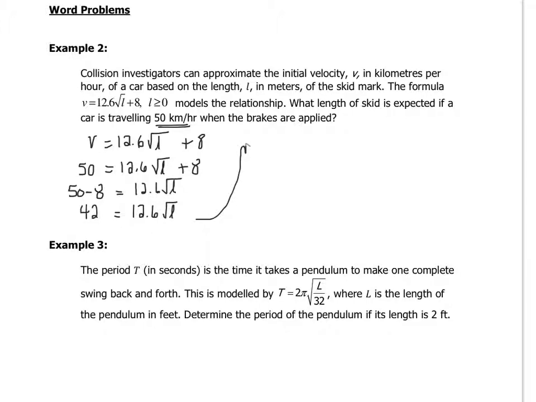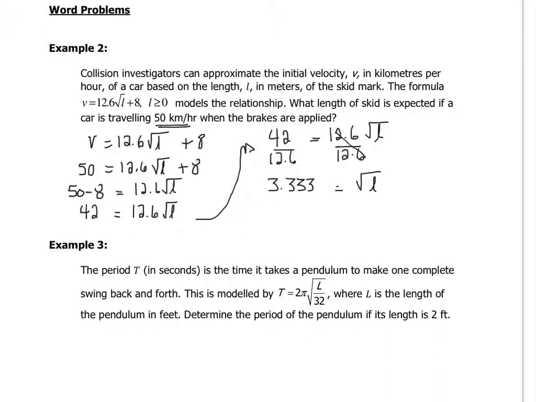And then we want to get the square root of L by itself. So we're going to divide both sides by the number that's being multiplied by the square root of L, which is 12.6. And 42 divided by 12.6 is 3.333 repeating. So I'll just keep a few decimal places there.